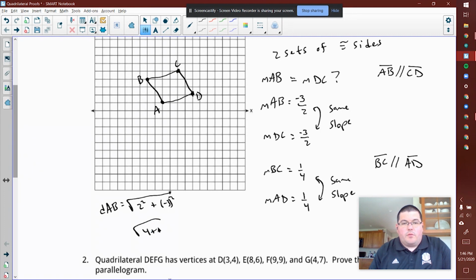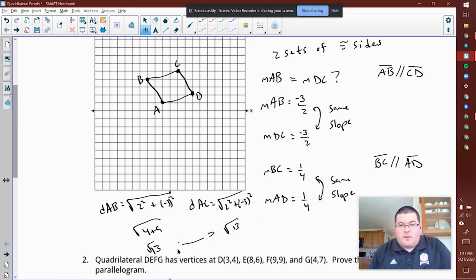Square root of 4 plus 9, square root of 13. There's AB. If we were to plug the information for DC in, we would get the exact same thing. The distance of DC is also going to equal the square root of 2 squared plus negative 3 squared, or the square root of 13. And so now we can see not only are they the same slope, but they're the same distance.